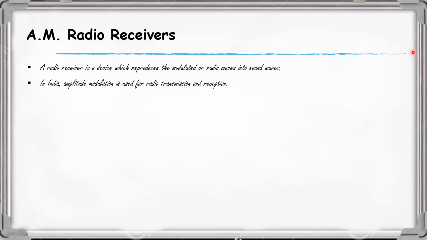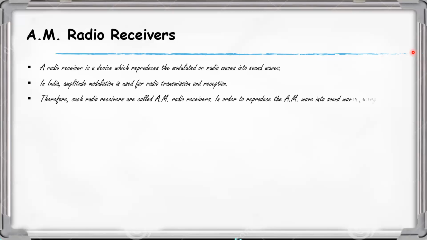In India, amplitude modulation is used for radio transmission and reception. There are two types of amplitude modulated radio receivers. We discuss that in following sessions.